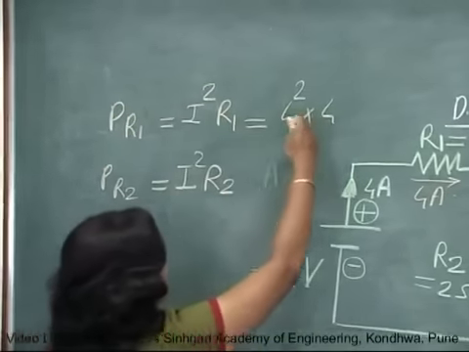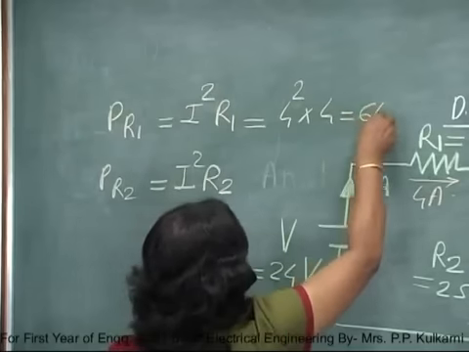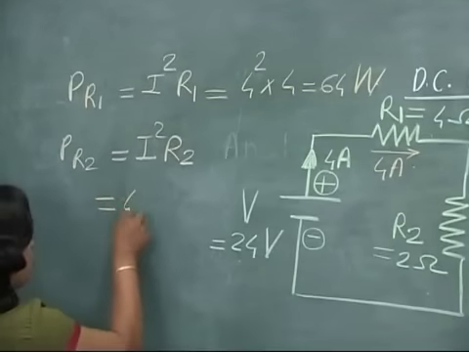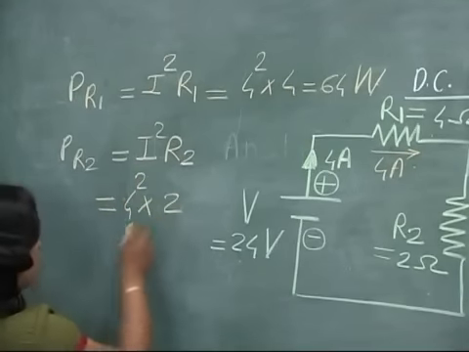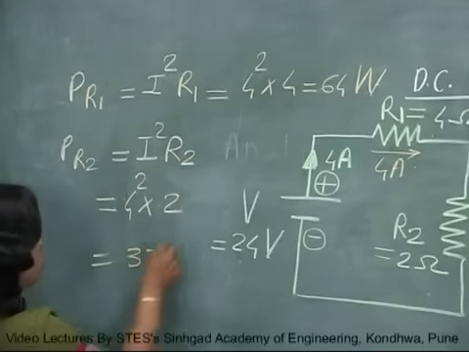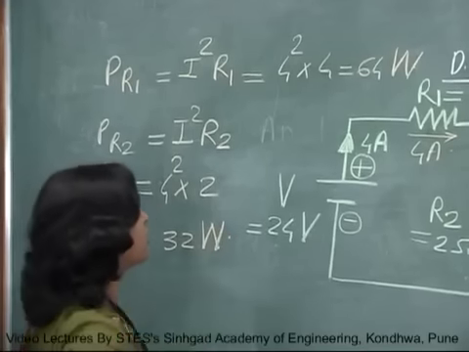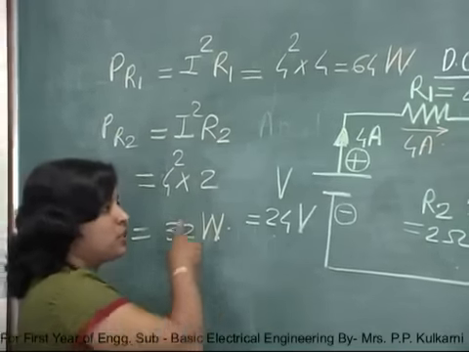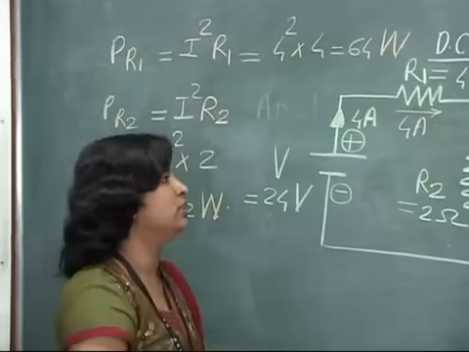So you will get 16 into 4, that is 64 watts. Well, for this power you will get 4 square into 2, that is 32 watts. So the total power consumed by this circuit is equal to 64 plus 32. This is called analysis of DC circuit.